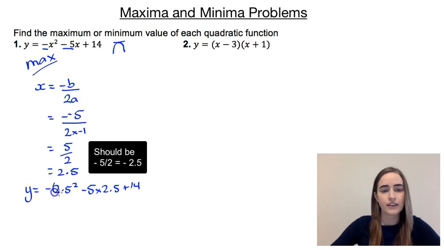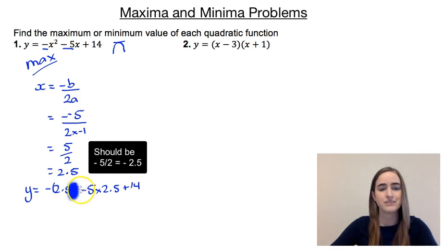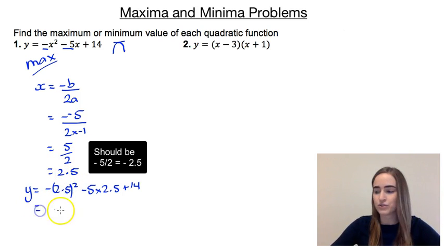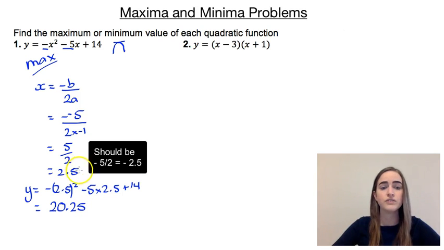Putting that in your calculator, being careful that the negative isn't part of the squared term, we should end up with 20.25, or 20 1/4. So our maximum value is 20.25, and it occurs when x is equal to 2.5.